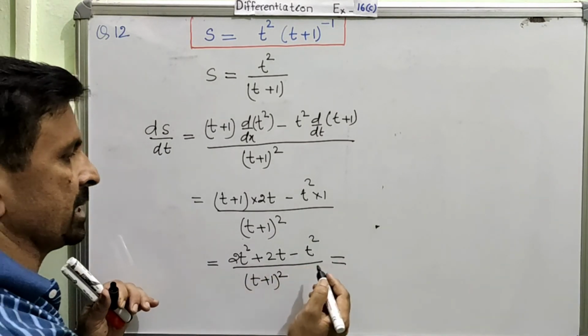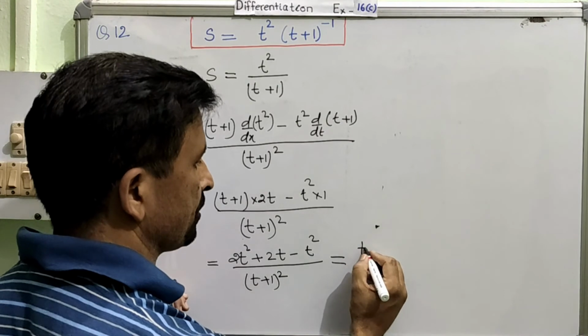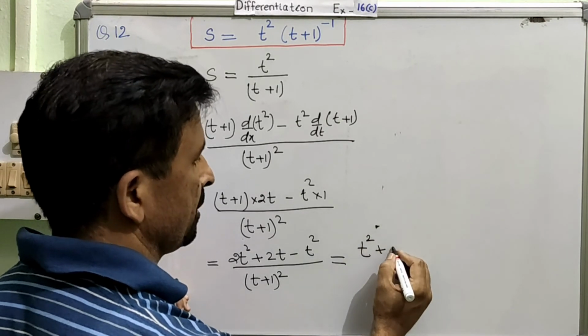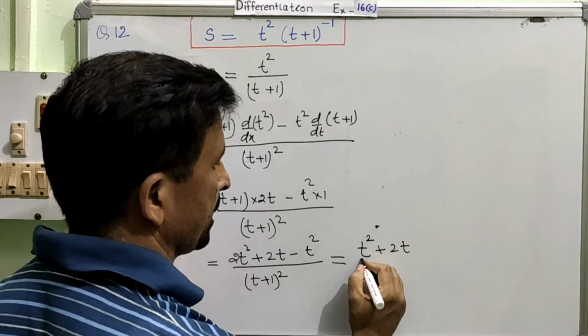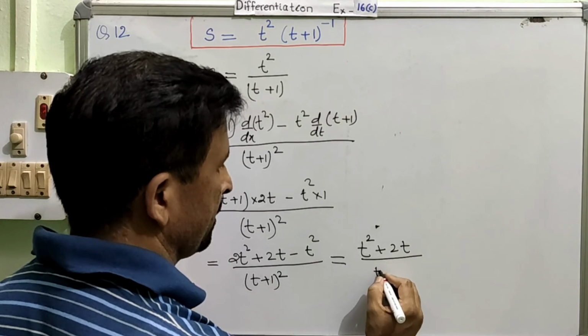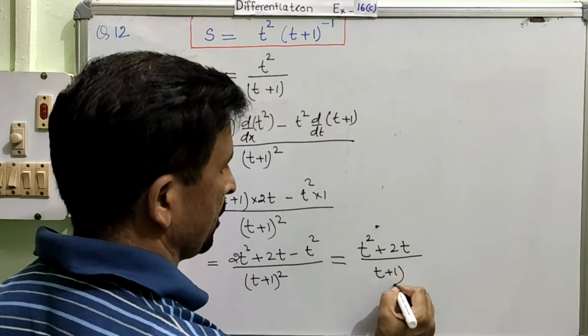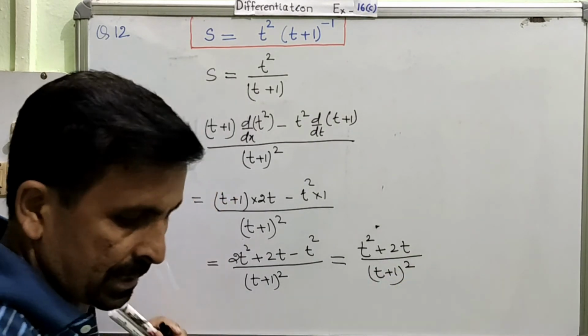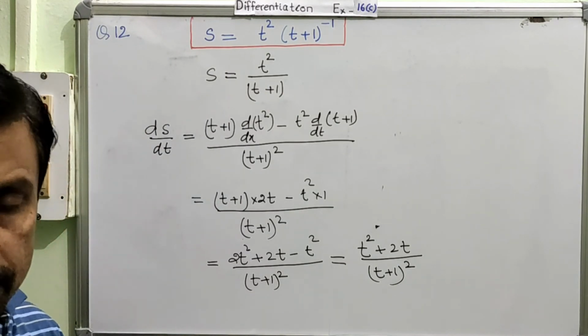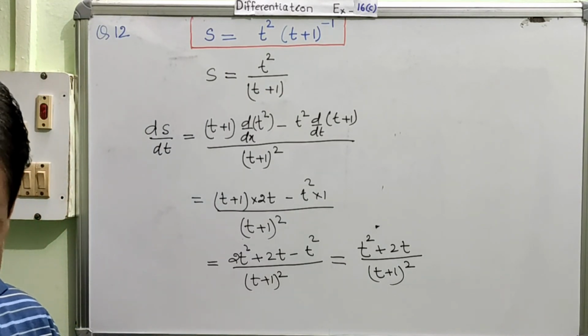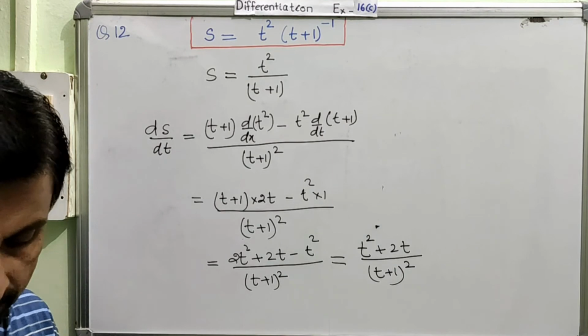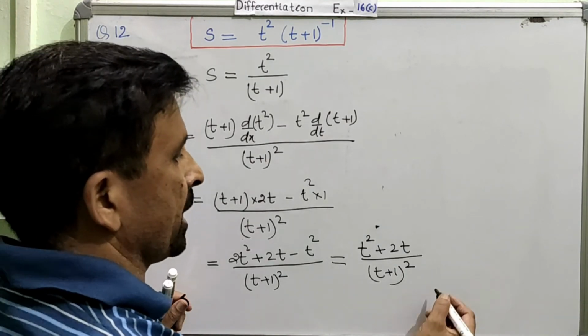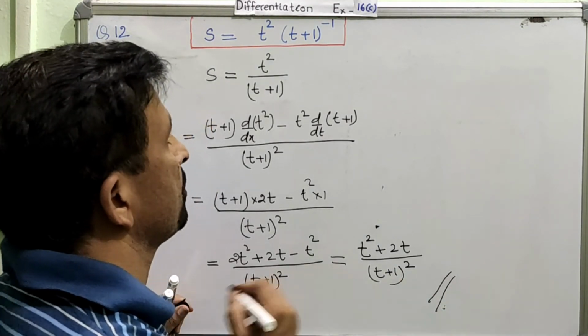So 2t square minus t square is t square, and this is plus 2t divided by t plus 1 whole square. Am I very clear? So this becomes your answer.